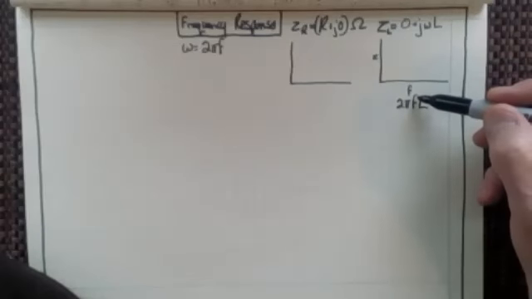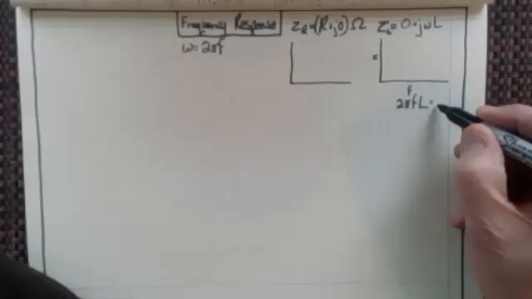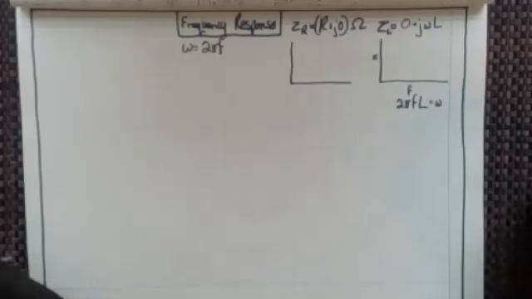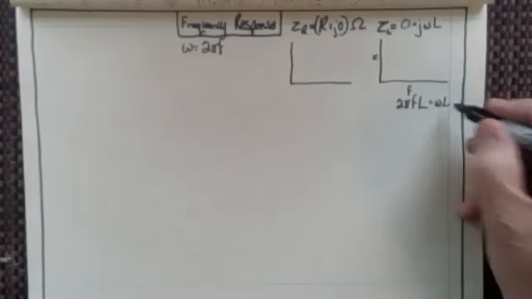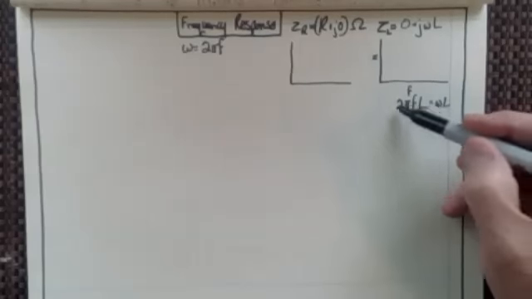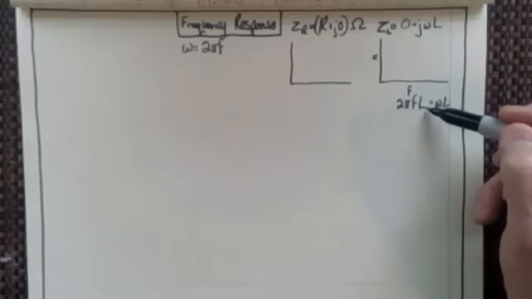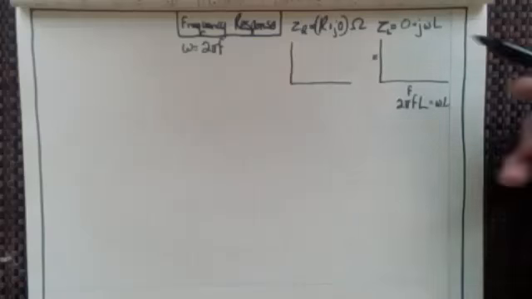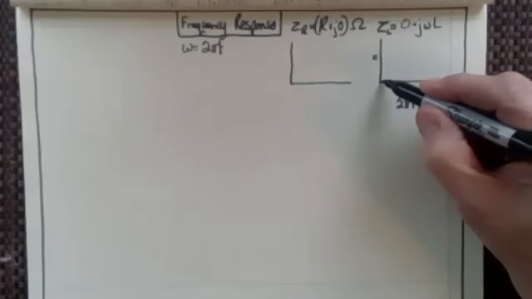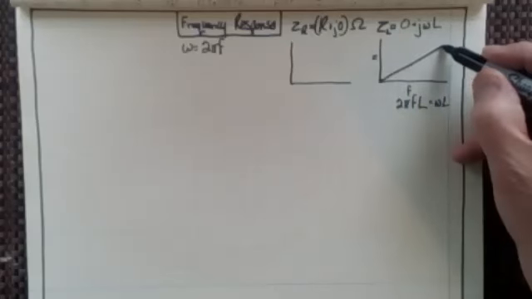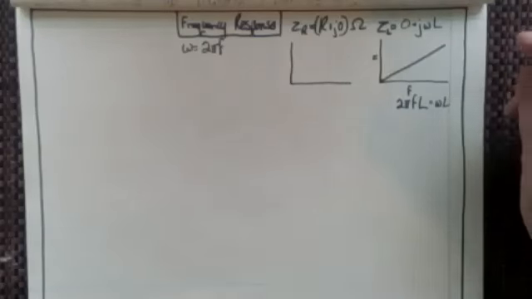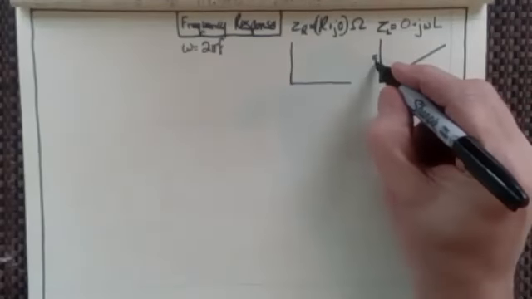Well, if f increases, then this whole thing increases, doesn't it? Omega L. So I've got 2 pi f. If f increases but L stays the same, then it is going to go up proportionately. So we could say that as f increases, then also my impedance increases. In fact, that's how we would look at that. That would be Z sub L.